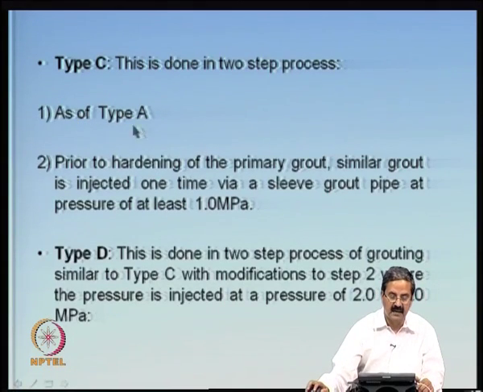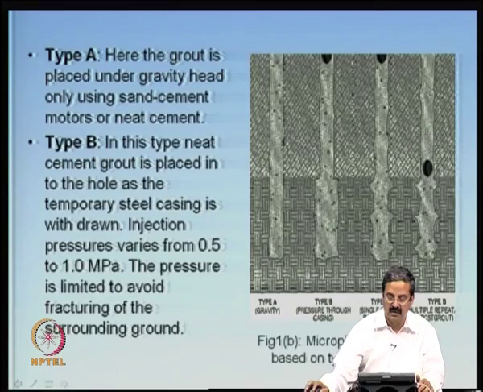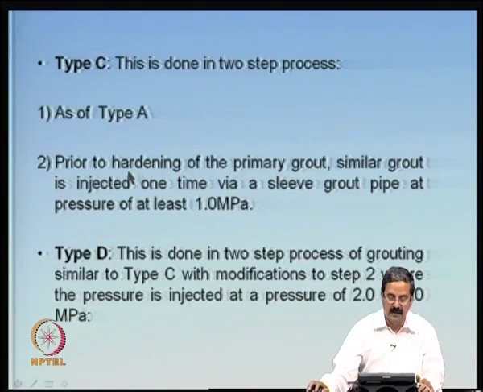Type C is this, and type D is what we will see. Type C is again a gravity type, and at every stage it gets hardened. Prior to hardening of the primary grout, similar grout is injected one time via a sleeve grout pipe at a pressure of at least 1 MPa. Type D is done in a 2-step process of grouting, similar to type C with modifications to step 2, where the grout is injected at a pressure of 2 to 8 MPa.